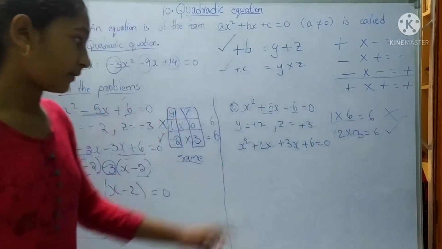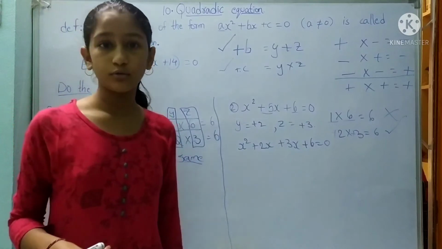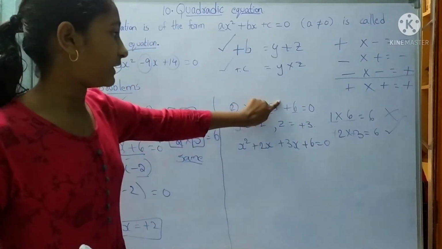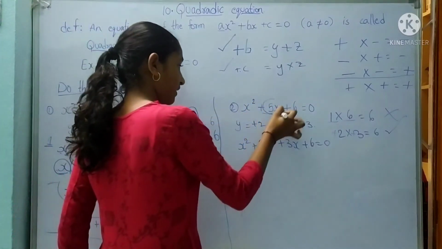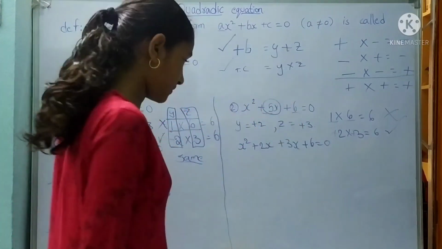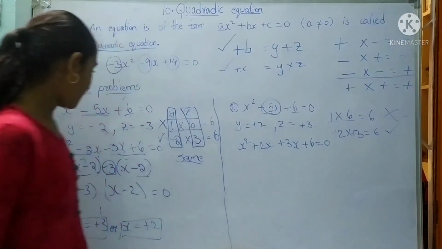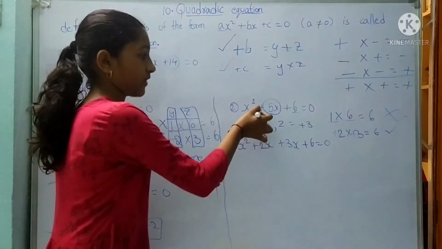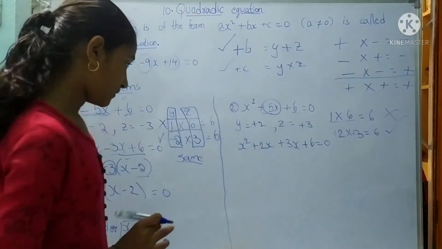Only the 5x we have to split. Split the 5x as 2x and 3x. So here, in this one we have minus, so that's why it is very difficult. But here we have plus 5x, so that's why it's very easy to do.